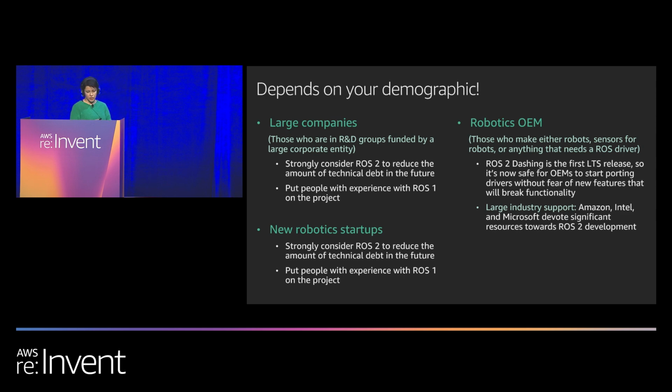If you're looking at the slide here, you notice that under the robotics OEM, if you're making robots, sensors, or anything that needs a ROS driver in general, you're really going to want to port to ROS 2 because there's a lot of industry support here.